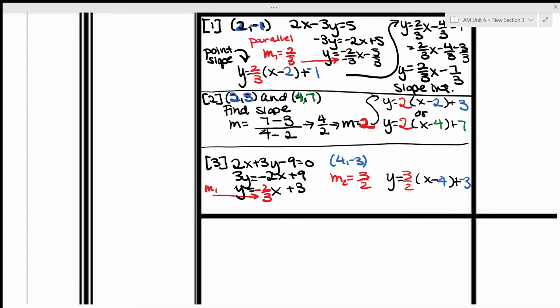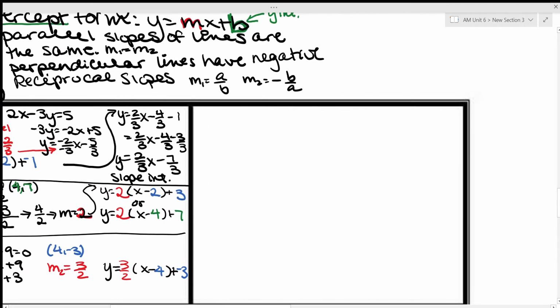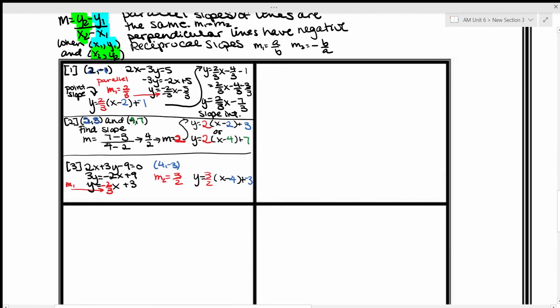Okay, should we just go down the list of the study guide? The next category is 4 through 10, which is, are they functions? So I think that I will do the functions one right here in this box. Zoom out a little bit.